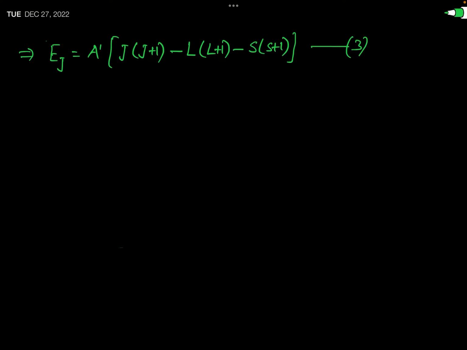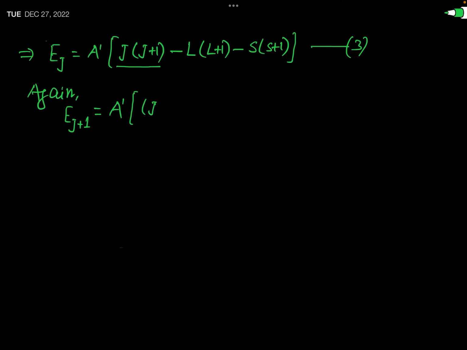Now, in a similar manner, we can find the energy corresponding to the level characterized by the quantum number J plus 1. So again, write the value of energy corresponding to level J plus 1, denoted by the symbol E J plus 1. Constant A prime will be the same, and instead of J, now we will write J plus 1.